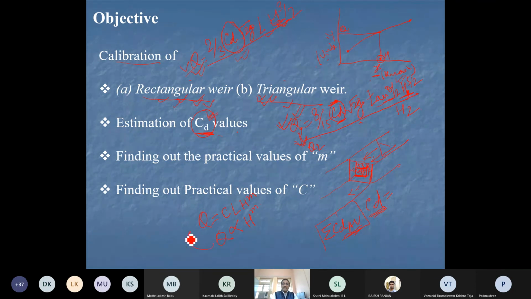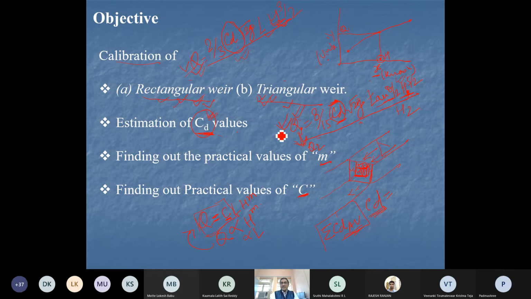And then it is made an equality by using a constant that is C, and the length of the flow is also proportional to the discharge. So in the Francis formula, there are two terms, C as a constant, which should be a practical value if we are installing this weir in the field or in the channels, and the exponent value m.